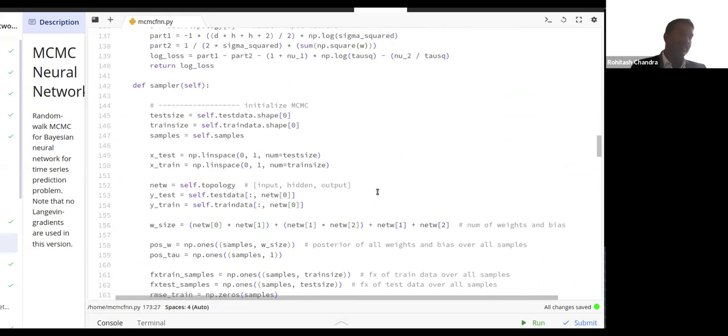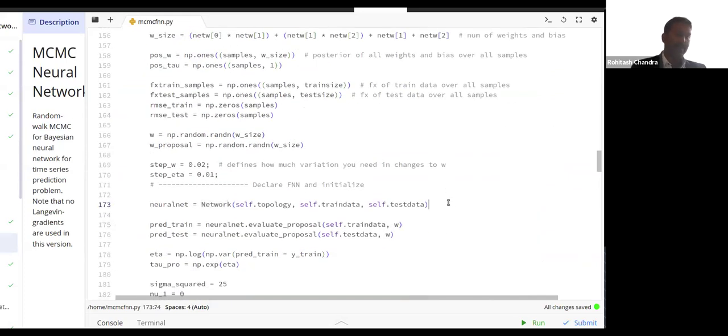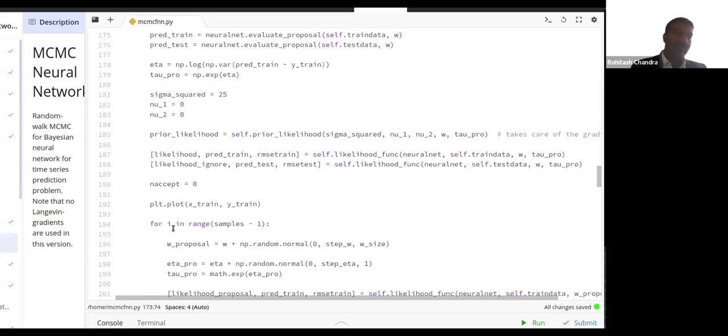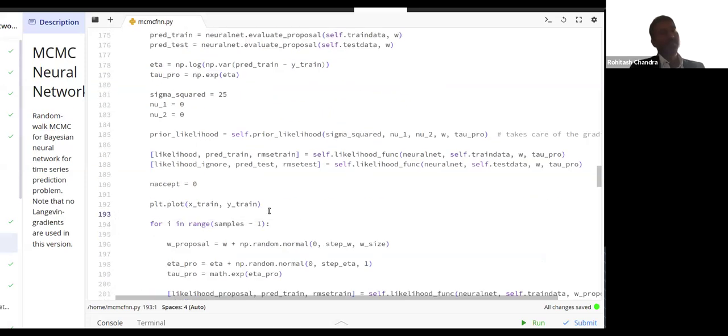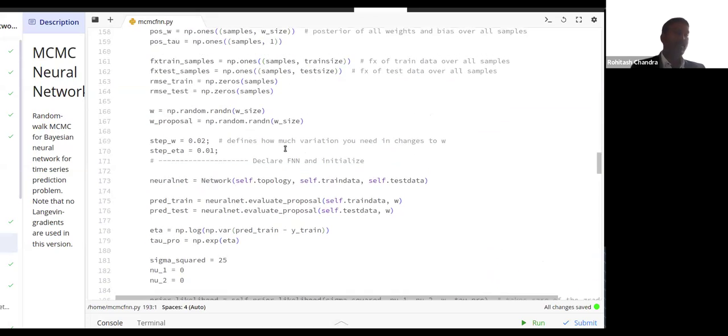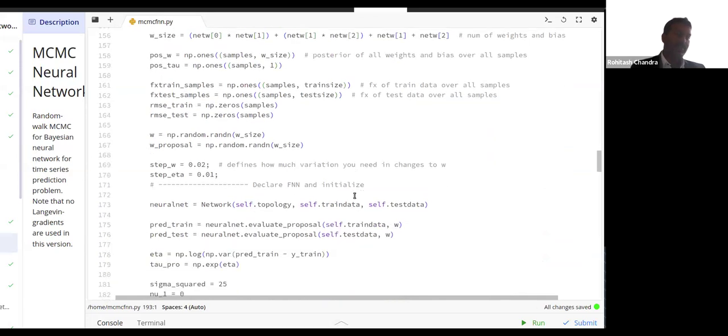So this happens once. Once the sampler is called, the neural network class is defined, and then multiple times we are going to iteratively sample, right? And multiple times is defined by the number of samples. Can be 1,000, can be 10,000 samples. But your class is created only once. Your neural network topology is all defined only once.